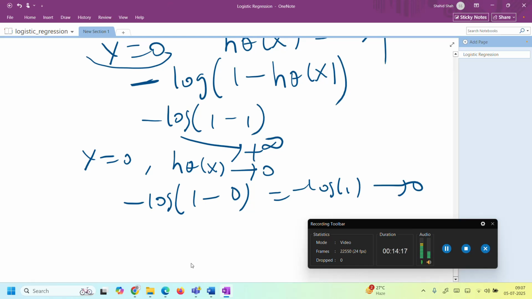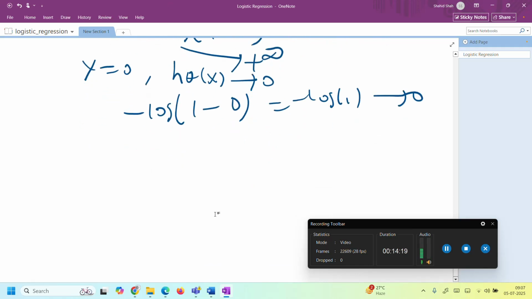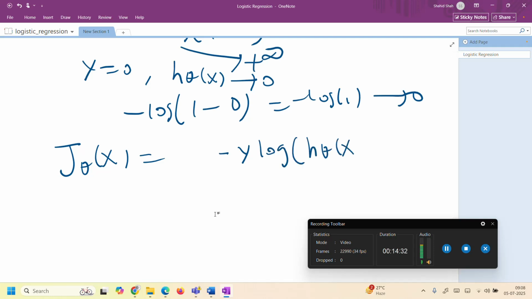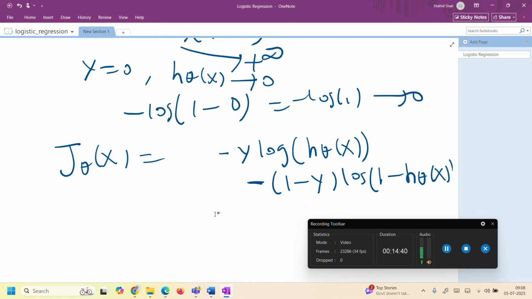Now how to decide the cost function overall? We can write it like this: y times minus log of h theta of x, minus 1 minus y times log of 1 minus h theta of x.